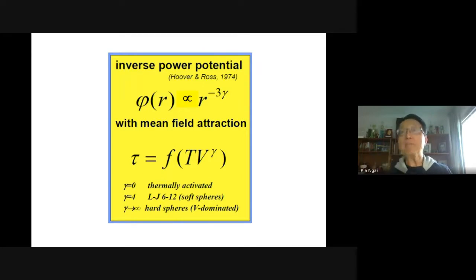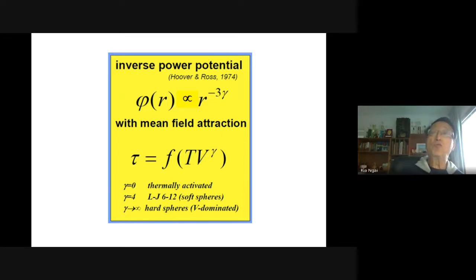If that same gamma is on top there as the repulsive potential, you will scale all the relaxation times. So that means all relaxation times are a function of TV gamma.